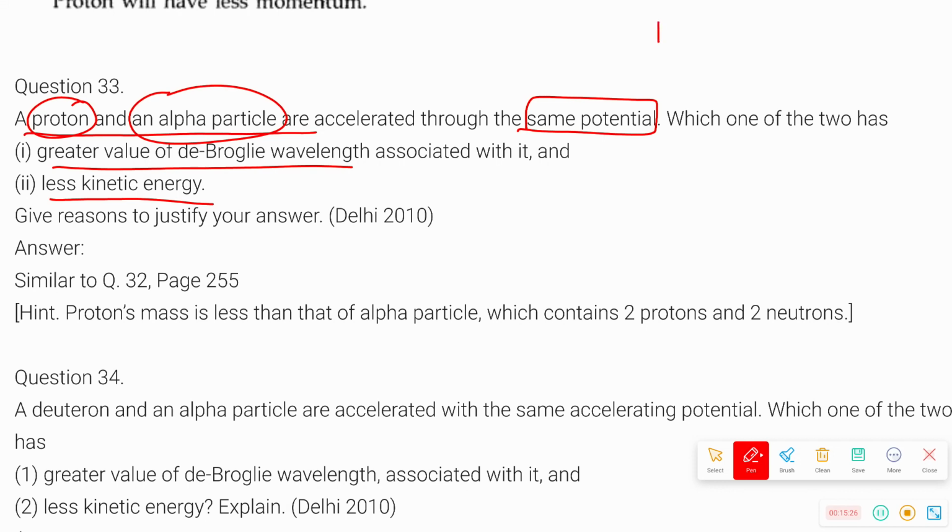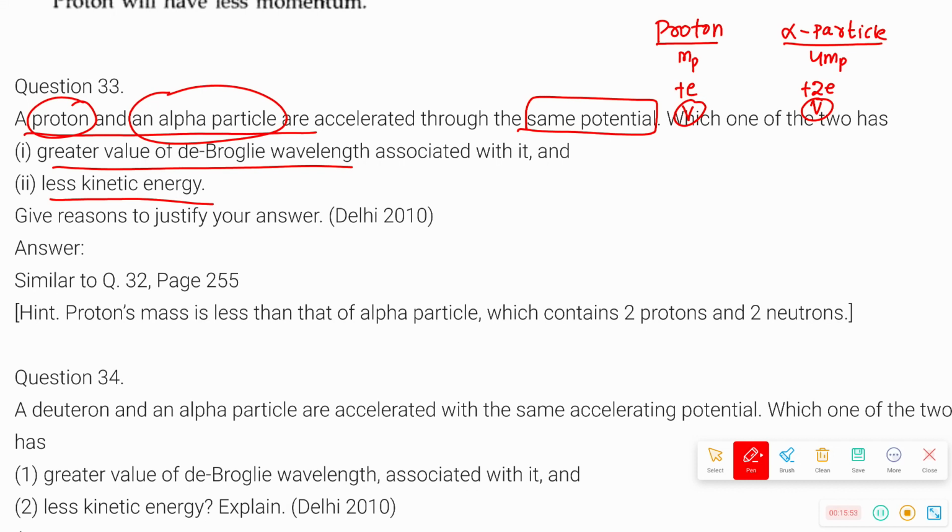I already told about proton and alpha particle, but again I'll tell. Proton has mass mp and charge plus e. Alpha particle is 4mp and plus 2e. Next listen. They have the same potential. Now which one is having greater value of de Broglie wavelength associated with it?